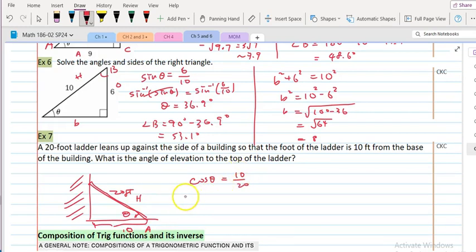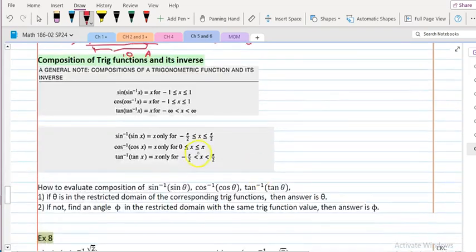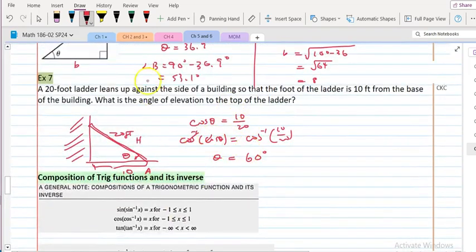So cosine inverse of cosine theta would equal cosine inverse 10 over 20. So theta is cosine inverse 10 over 20. I think it's a special angle, right? It's 60 degrees, but you can also get it from the calculator. In the next video, we'll talk about composition of trig functions and their inverses.